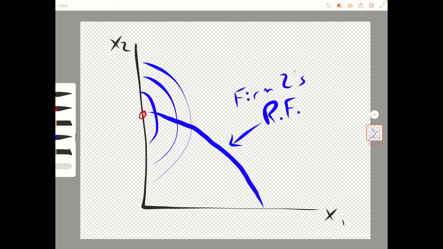Now similarly, if firm 1 produces this amount of output here, then firm 2 wants to be on their reaction function, and they will produce x2 amount of output. If firm 1 produces a lot more, if they're way out here, well, the best that firm 2 can do then to get to their highest profit amount would be to actually reduce output.